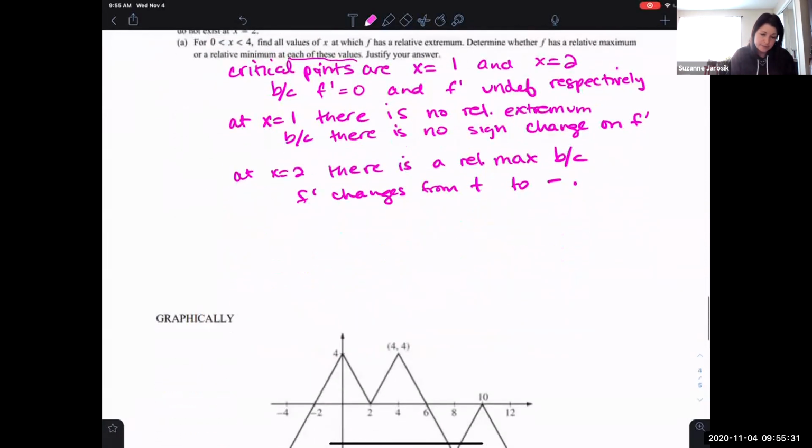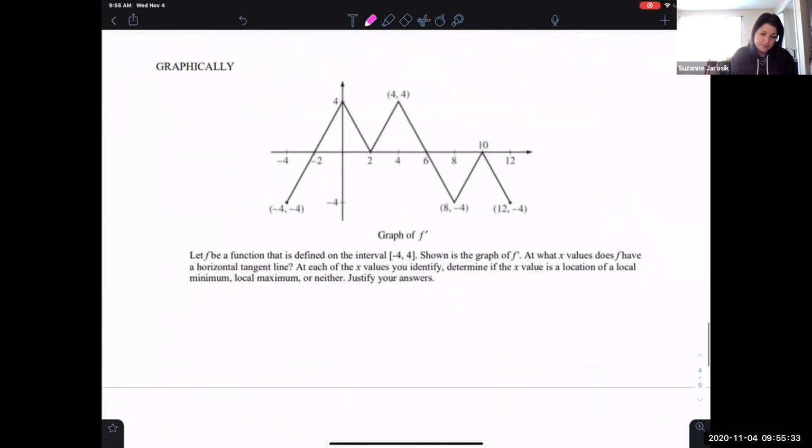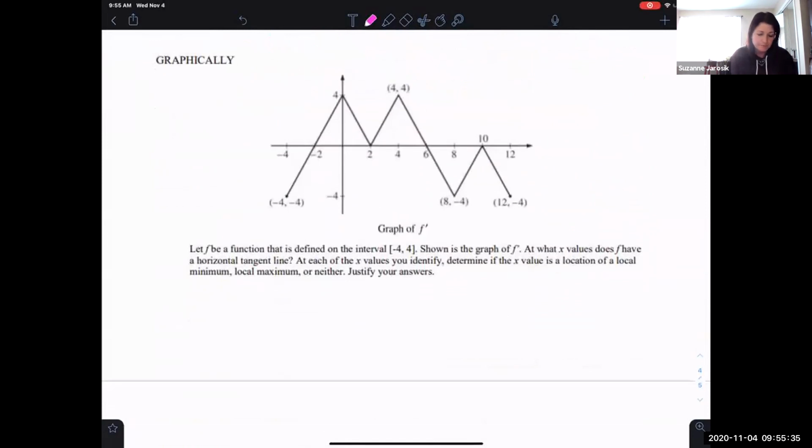Next, a graphing problem. All right, let f be a function that is defined on the interval -4 to 4 inclusive, with the graph of f prime shown. At what x values does f have a horizontal tangent line? At each of the x values you identify, determine if the x value is a location of a local min, max, or neither. Justify your answers.